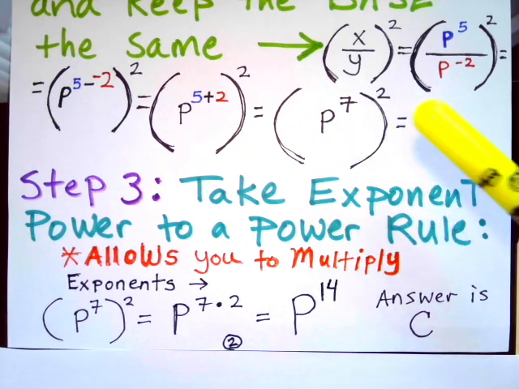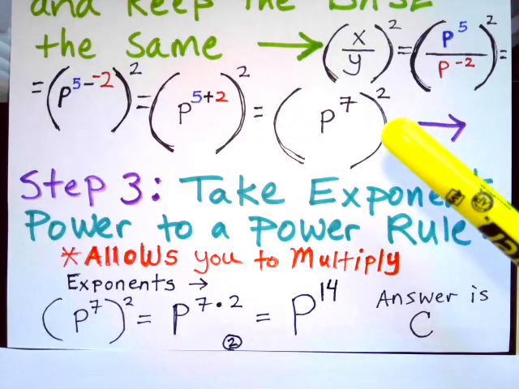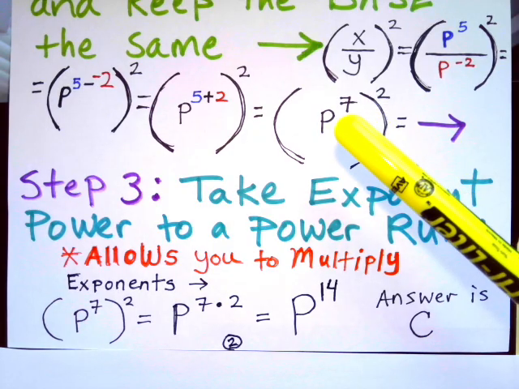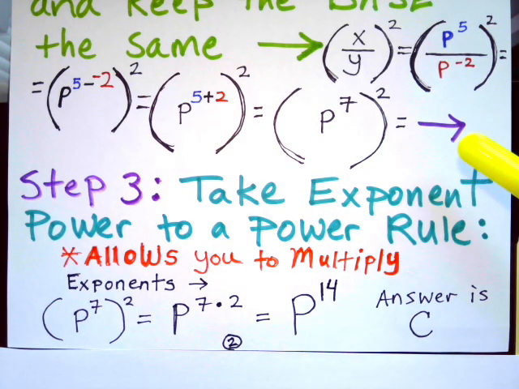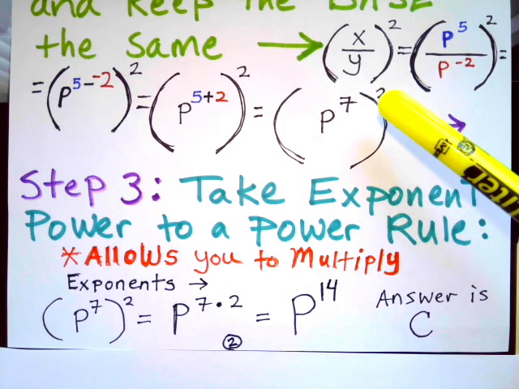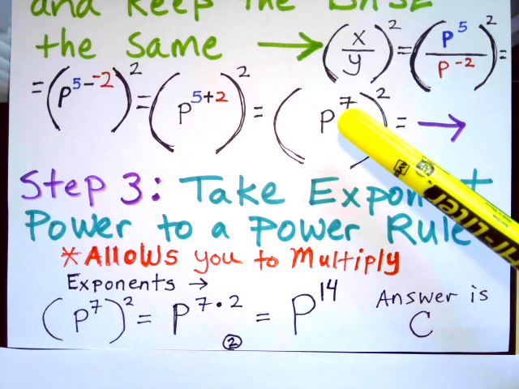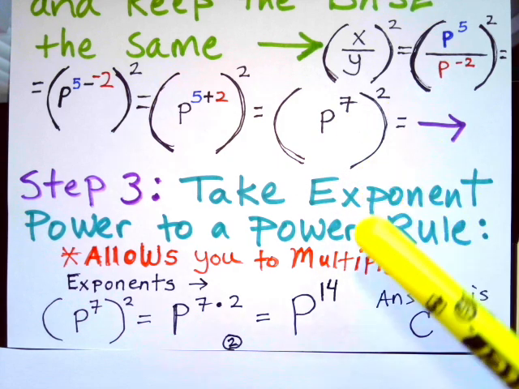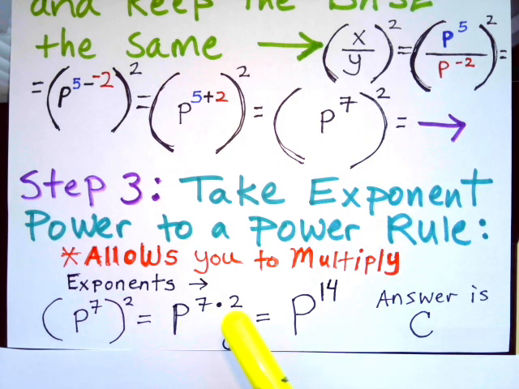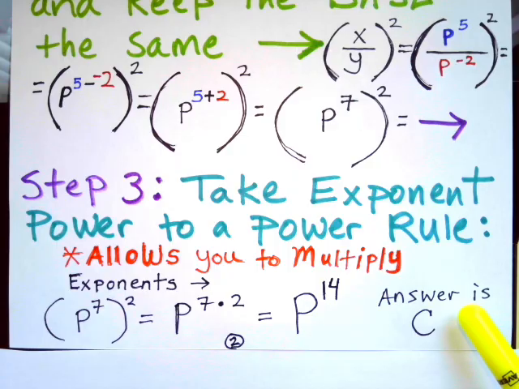Check them out. It will help you to understand how to manipulate exponential powers depending on your situation, right? So here we have a power to a power. The rule is that you can multiply. 7 times 2 is what I'm showing you here. 7 times 2 is p to the 14. Our answer is C.